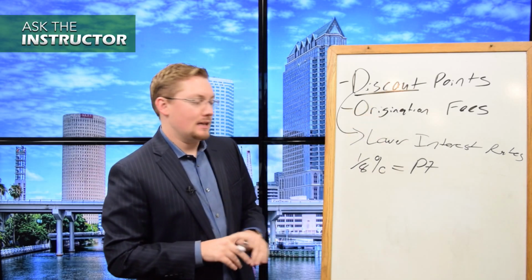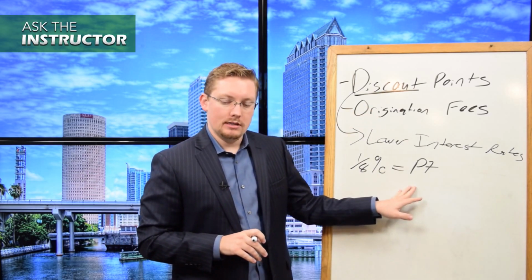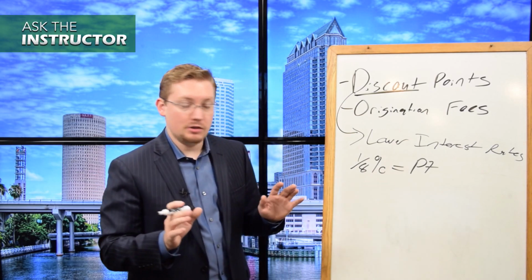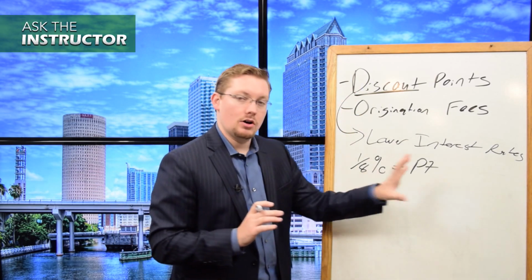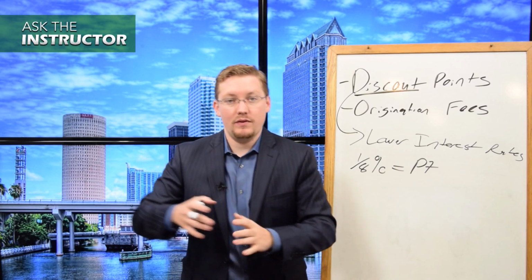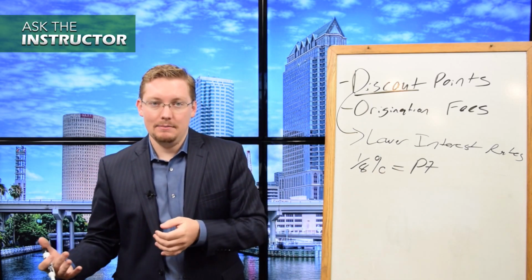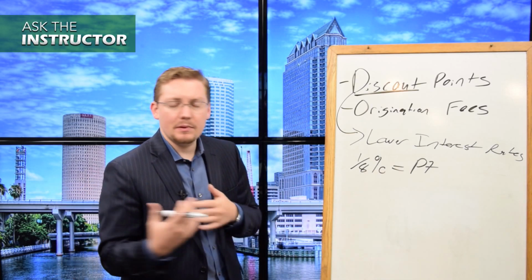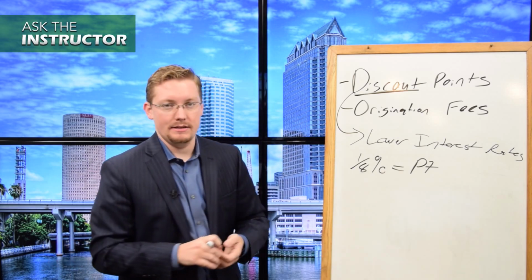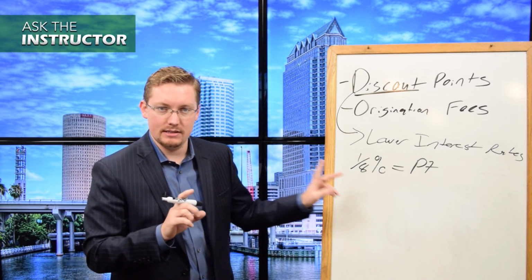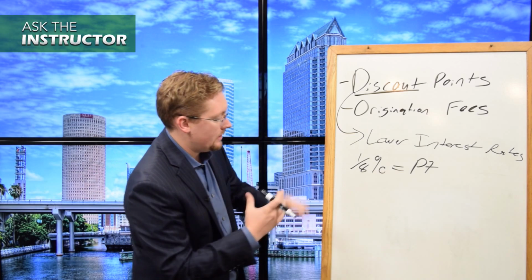So if one option was no discount points and just all interest, meaning we're paying all of our financing charges on the back end basically, typically you're going to be looking at higher interest than if you're paying discount points. But again, we'll work with the numbers for this in just a second. But let's get the theory of this down here.